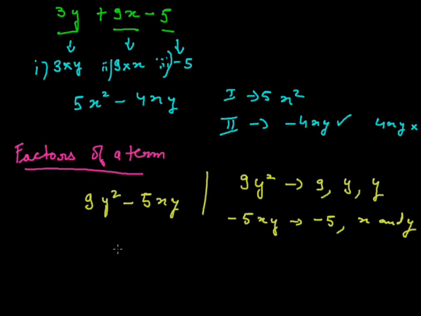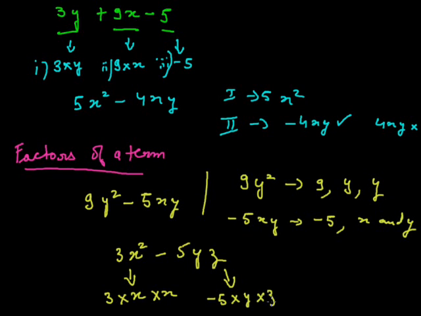For example, if I take 3x square minus 5yz, then the first term is the product of its factors, and its factors are 3, x and x. The factors of the second term are minus 5, y and z.